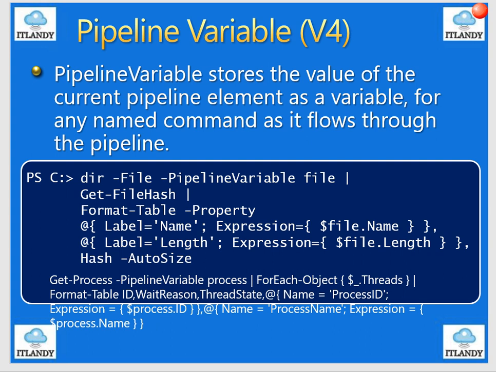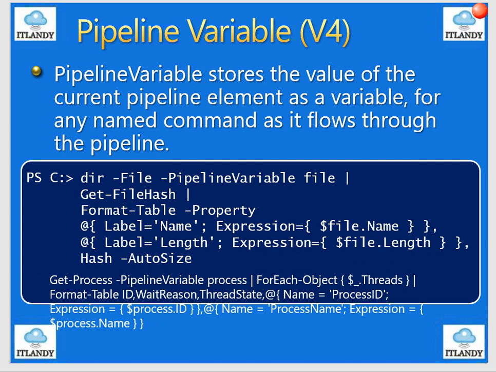You can see the example: dir -file -PipelineVariable file, pipe it to Get-FileHash, Format-Table. Now the pipeline variable stores all the values of the current pipeline element as a variable for any named command as it flows through the pipeline. Valid strings, the same for any variable names.